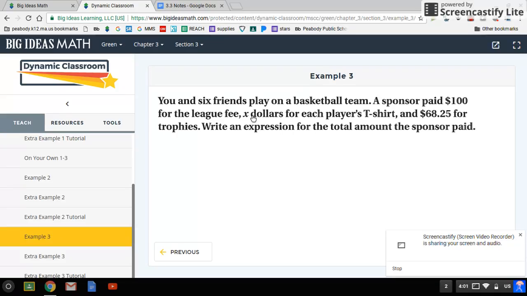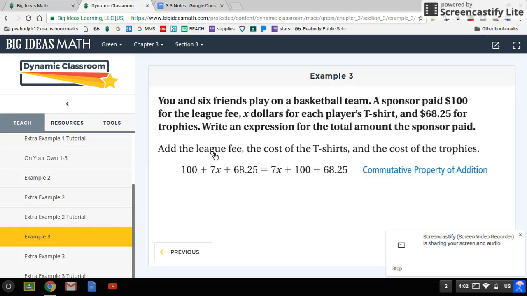We don't know how much the t-shirts are, but we do know that we're buying 7 of them because there's 7 people. So what you would write is 7X, 7 times how much each shirt is, plus $68.25 for trophies. So this is just going to recap pretty much what I said, and you're going to get $100 plus $7 per t-shirt. So 7 t-shirts times however much money they cost, plus $68.25.